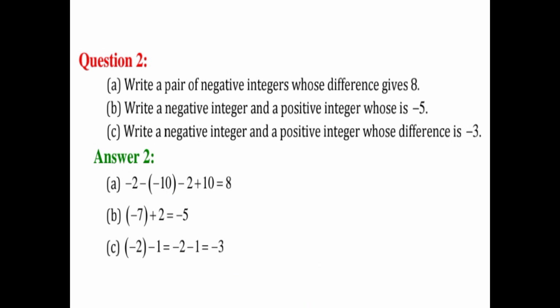Then there is part C: write a negative integer and a positive integer whose difference is -3.